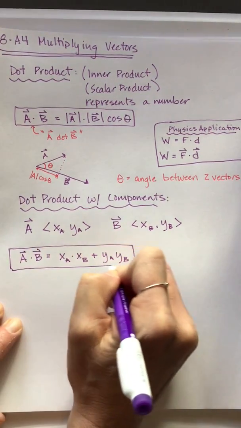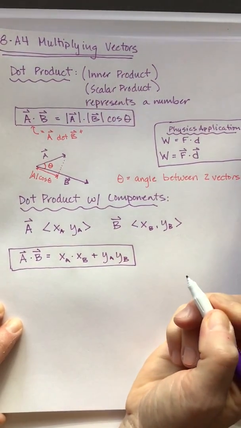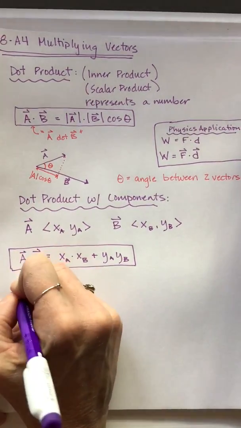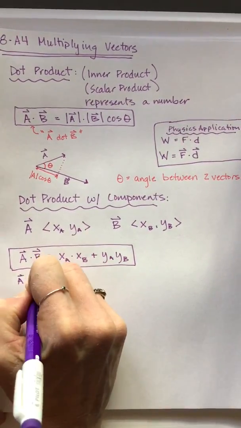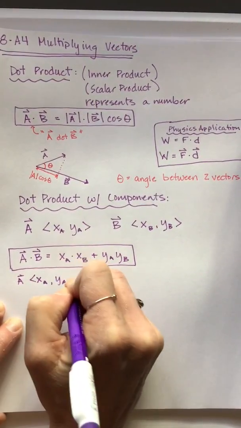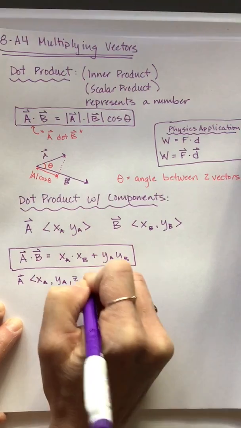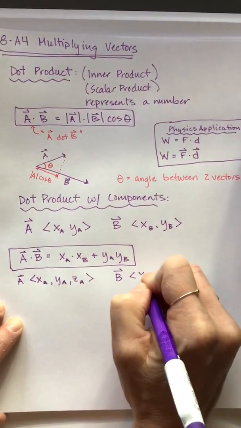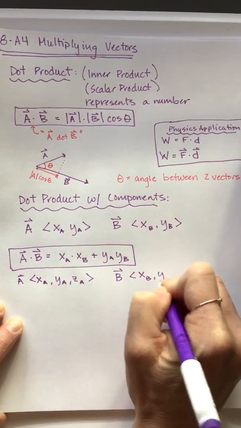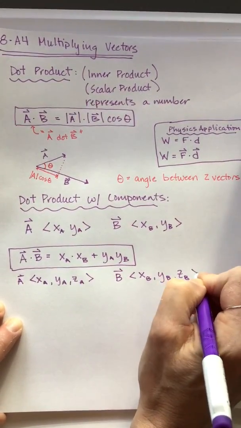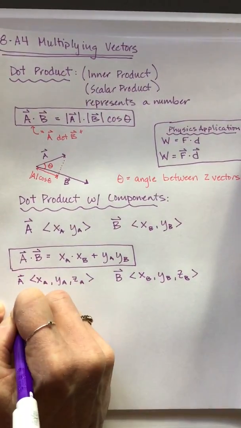What if it was 3 dimensions? Exactly the same, we just have a z component, right? So if A is xa, ya, and za, and B is xb, yb, zb, then it's the same process.